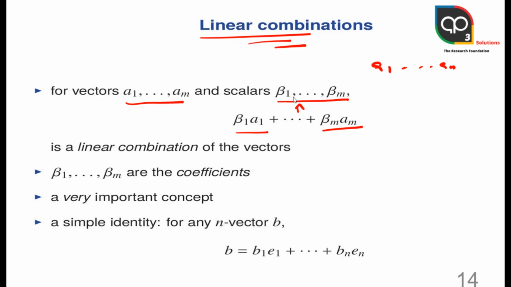Dear friends, if we have a linear combination of unit vectors, we can write any n-vector b as a linear combination of the standard unit vectors, b1 e1 plus till bn en. In this equation, bi is the ith entry of b, that is a scalar, and ei is the ith unit vector.